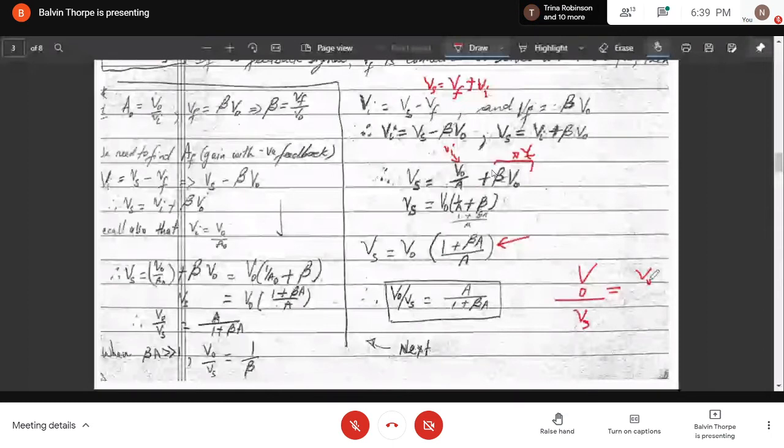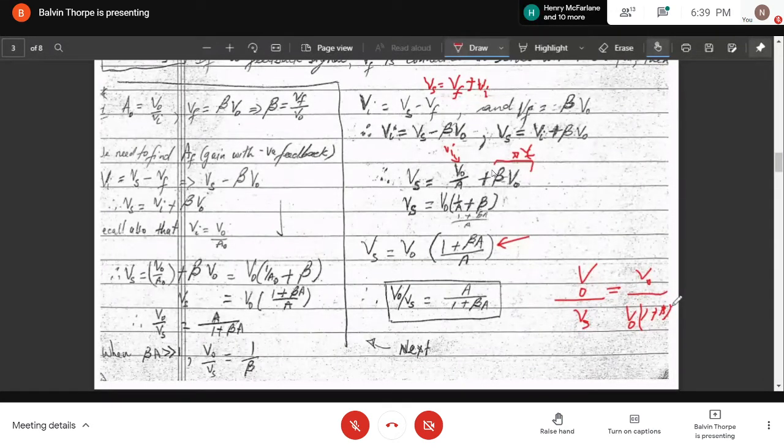So we know what VS is already. So we're trying to find VO over VS. And we know that this is going to be VO over what VS is.